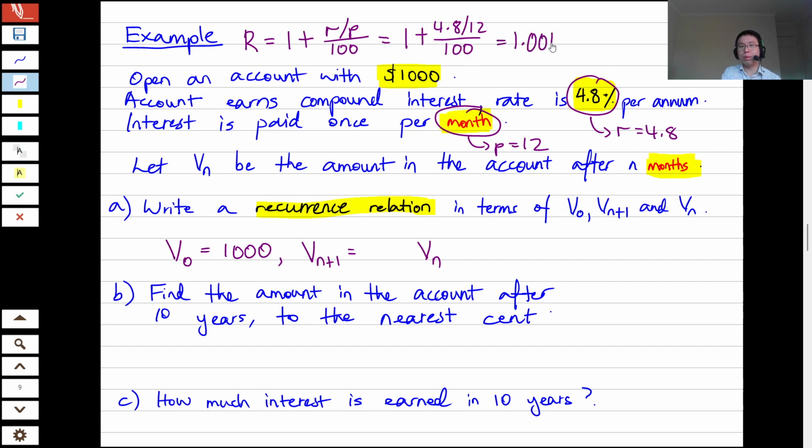And that's going to be 1.004. If I used the number 5 here, this would be going on forever, and I wanted to avoid that. So here's our recurrence relation. V0 equals 1,000, and Vn plus 1 equals 1.004 times Vn, using this formula here to get capital R.